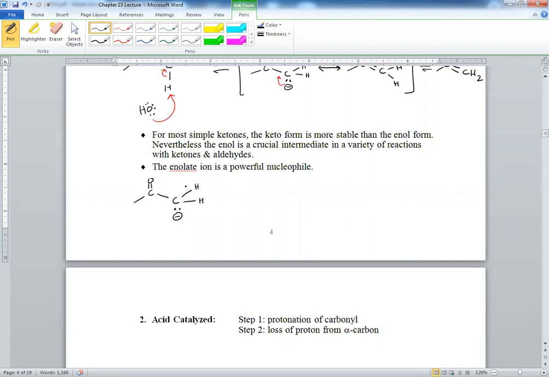I generally sometimes like to leave it like that, or you can, of course, draw the resonance structure of that. Either one is acceptable, so there's no need to ask me which one to use. Once again, I like to see the negative charge as a nucleophile.